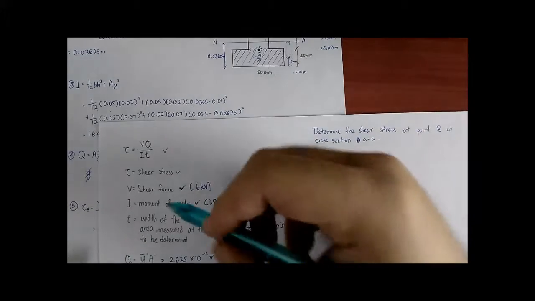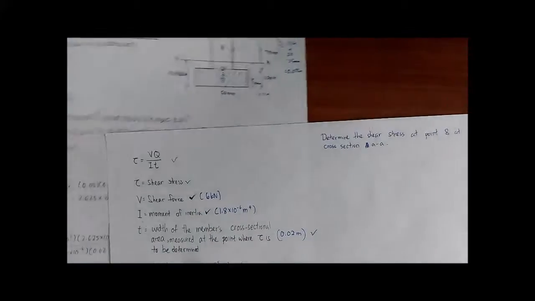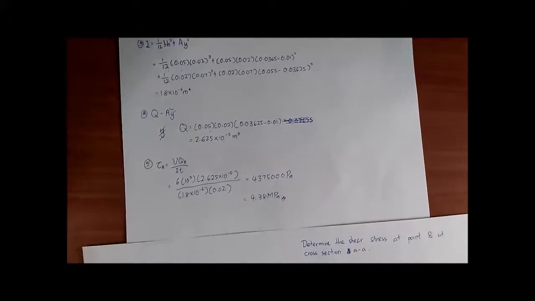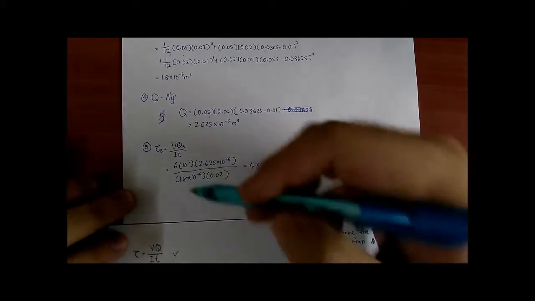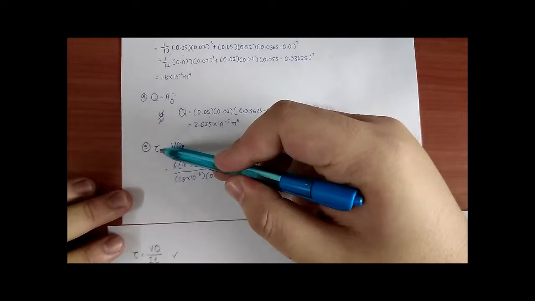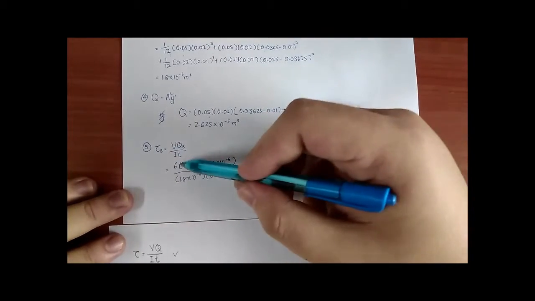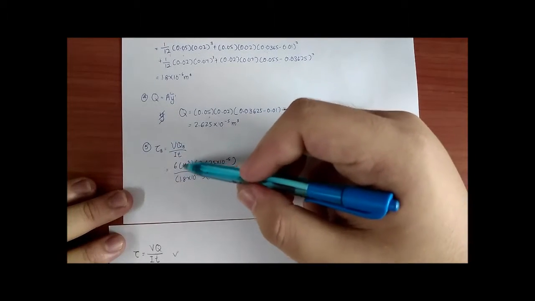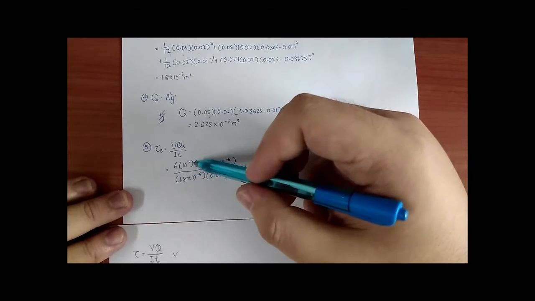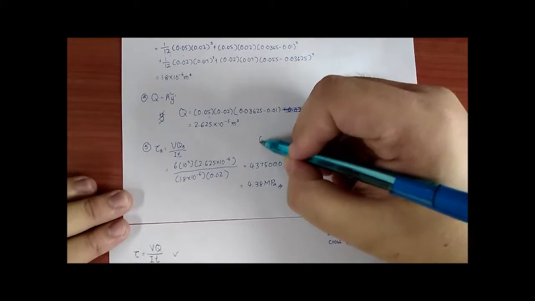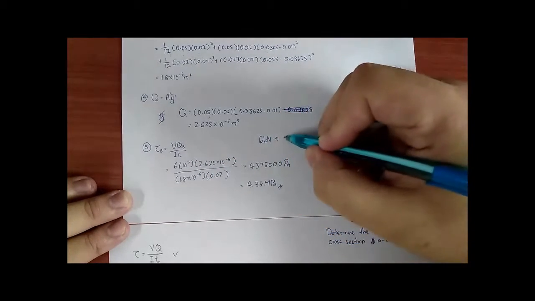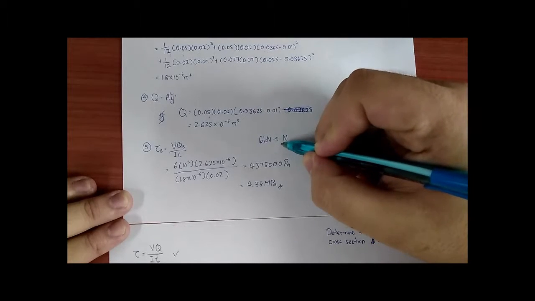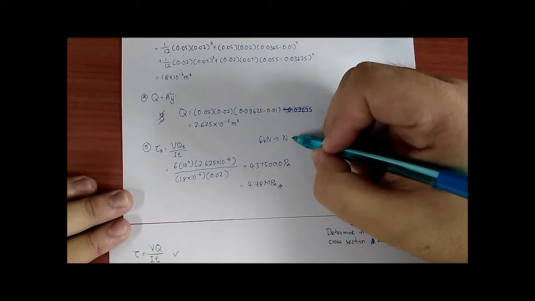So we already have our V, I, t, and Q. We just need to put them into our formula, where the shear stress at point B equals 6 times 10 power of 3, because we need to convert 6 kilonewton to Newton, so we multiply by 10 power of 3.